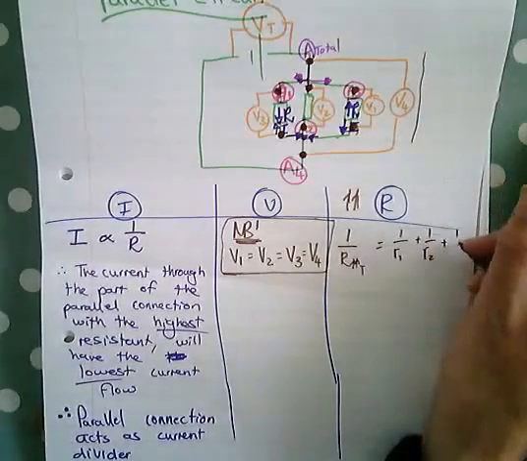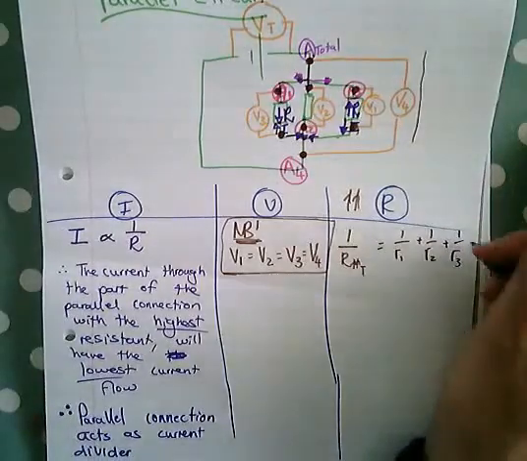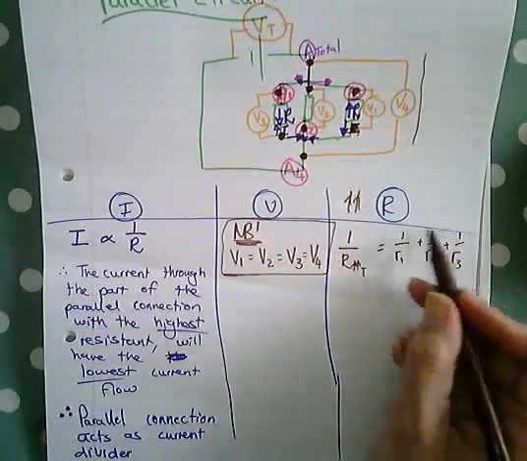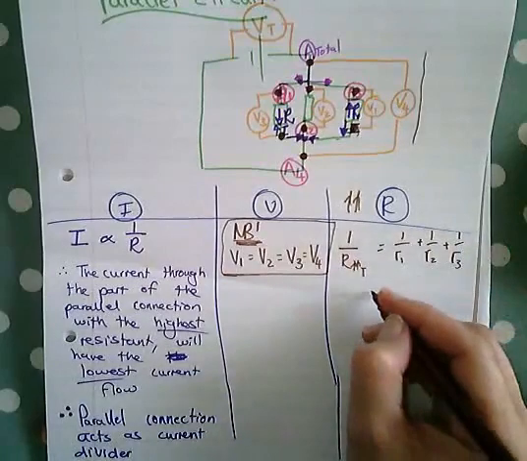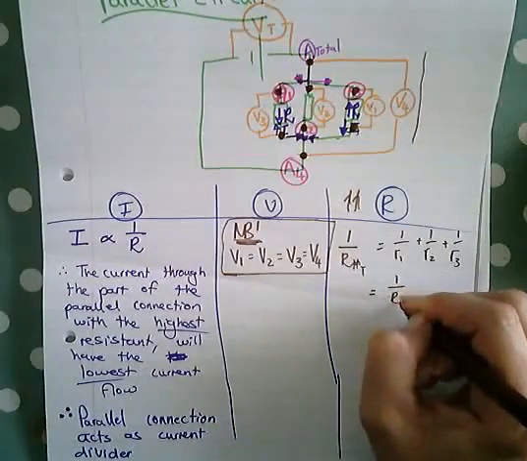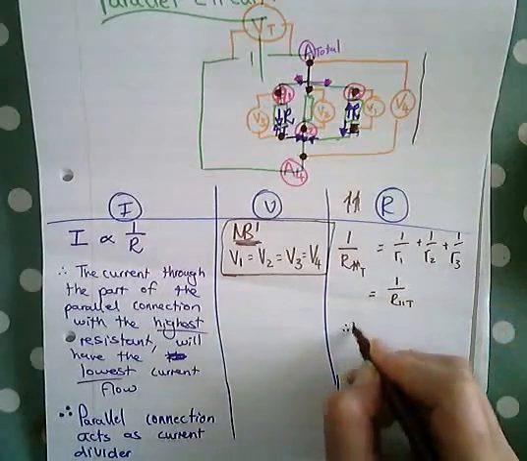Now you need to remember, when you've added those, you're going to get an answer that is 1 over R total. Now to get R total, you're going to have to swap those 2 around. Okay?